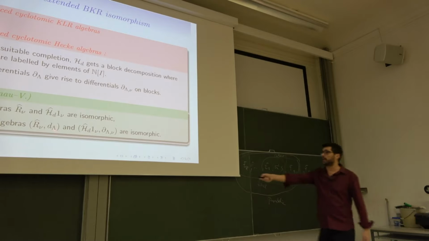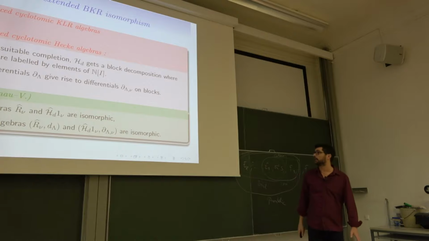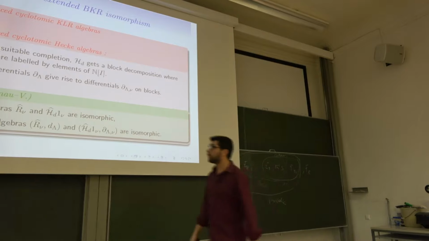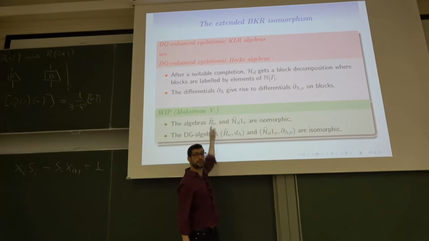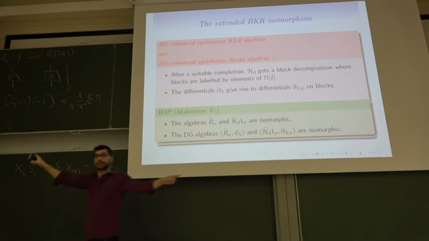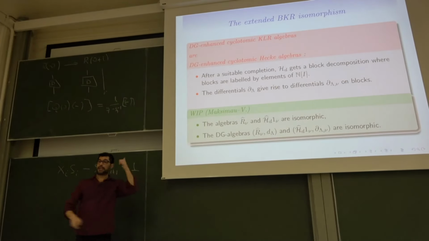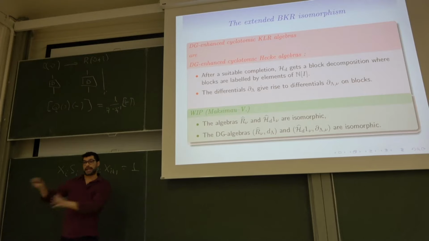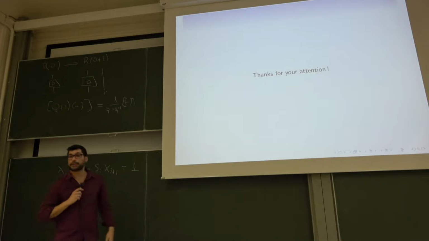So we need to keep track of the differentials everywhere, and it's not obvious. Of course, if you have this isomorphism, we can use it to cook up a differential. If you have a differential on one side, you can bring it to the other side. But you want to check it corresponds to the one I have induced, which seems more natural from the Hecke point of view. And that's it.